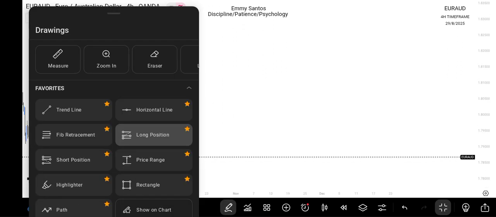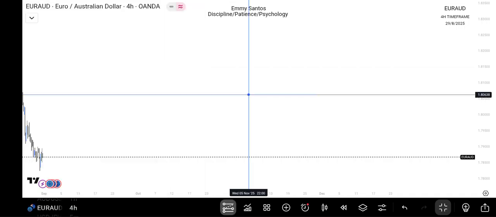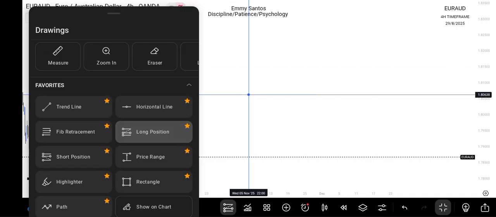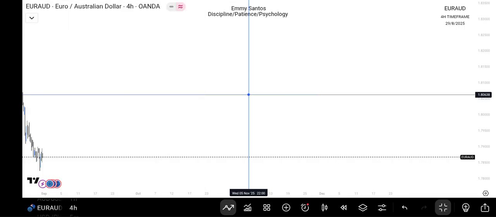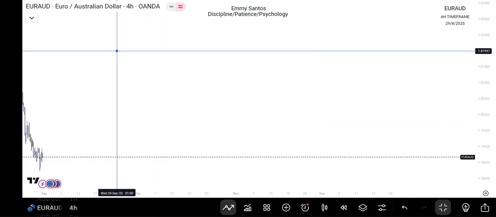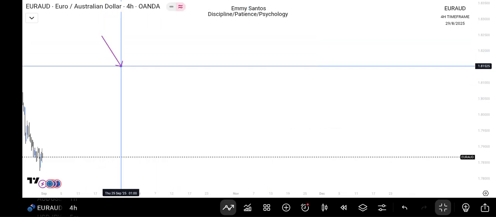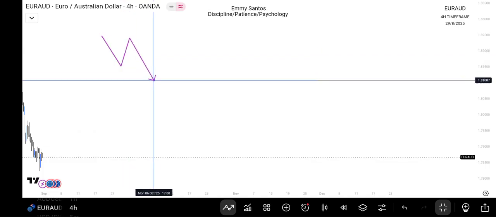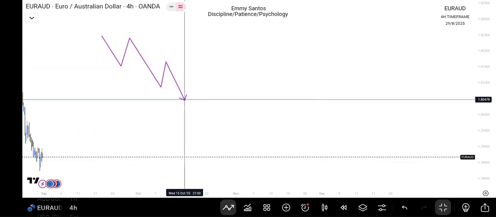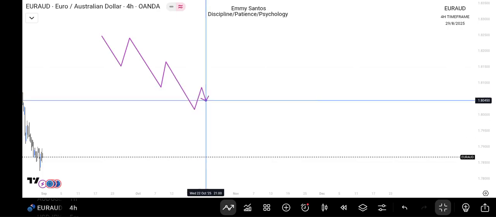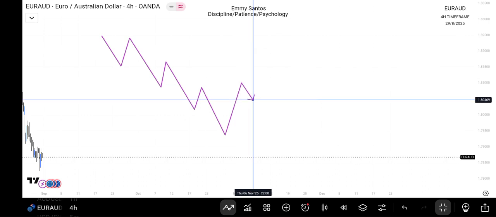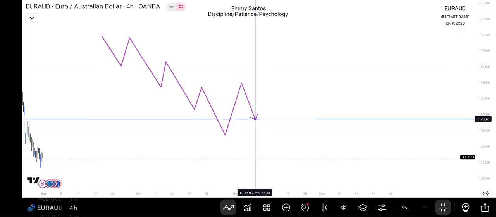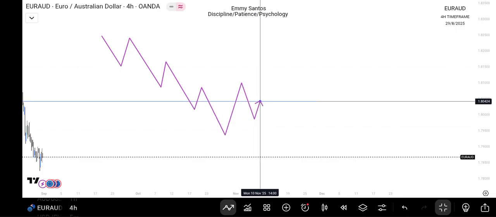If you're having this kind of market structure, something like this, a series of lower low, lower high, lower low, lower high, lower low, and price broke this high and later came back here, forming that inducement I told you about.